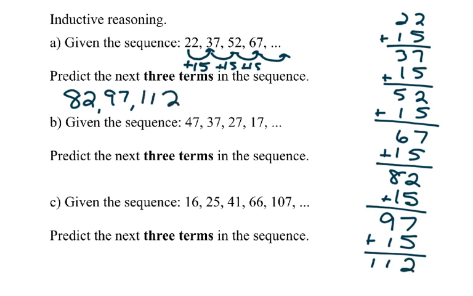And so the next three terms in the sequence are 82, 97, and 112.